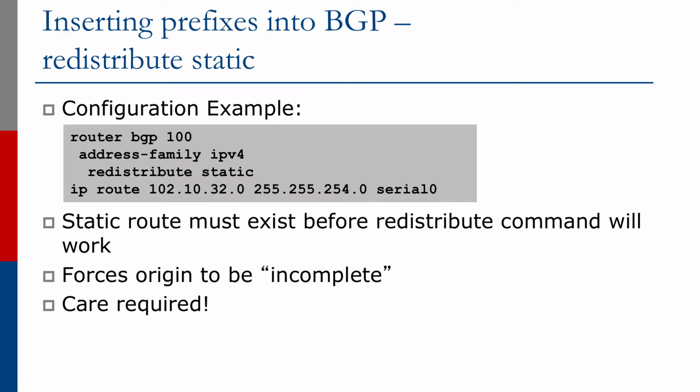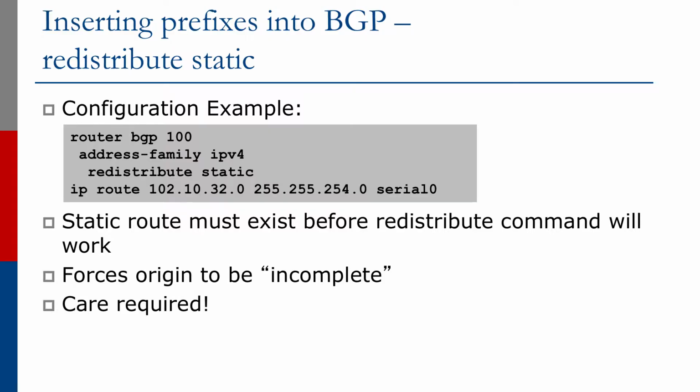two of them. The first one up is something called redistribute static. What redistribute static does, it will take all the static routes configured on the router and introduce them into BGP. Now, if you remember back to the earlier presentation, each routing protocol has different RIBs.